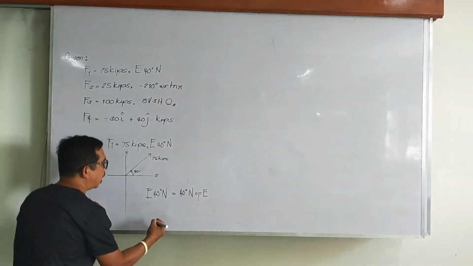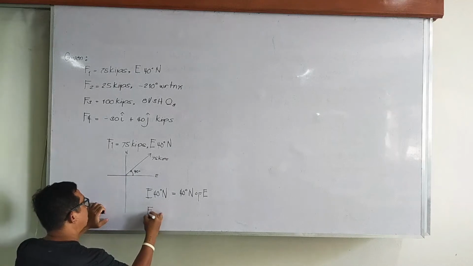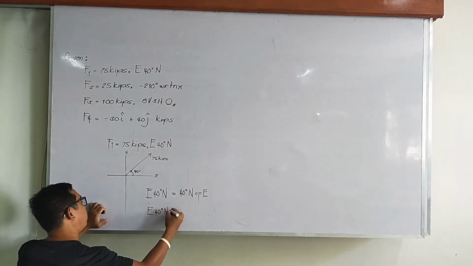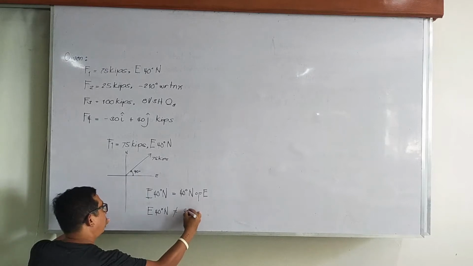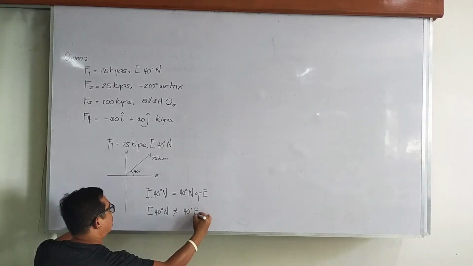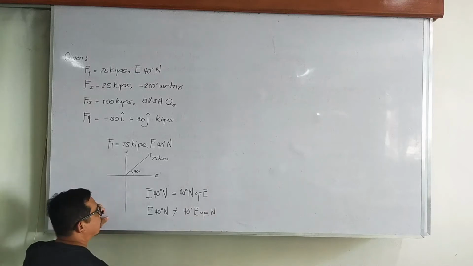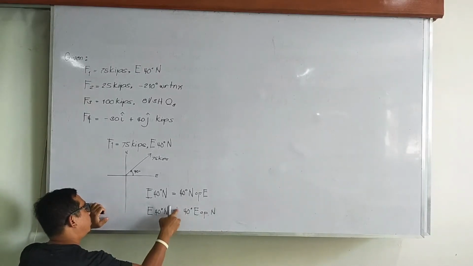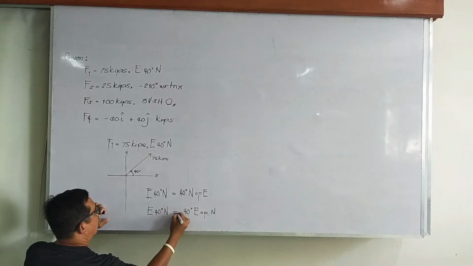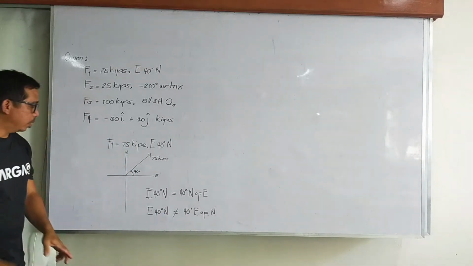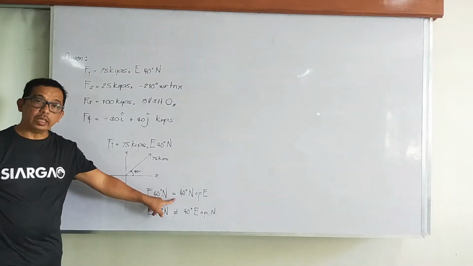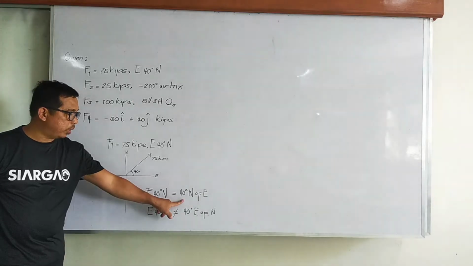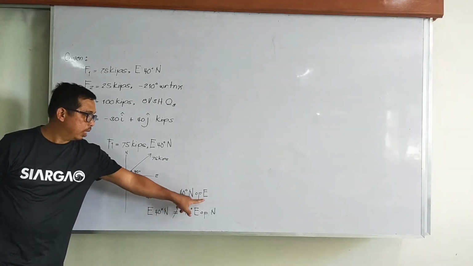Hindi natin pwedeng sabihin na ang east 40 degrees north ay nasa parehong bearing ng 40 degrees east of north. Hindi sila pareho. But instead, the bearing of east 40 degrees north lies in the same position as your 40 degrees north of east.